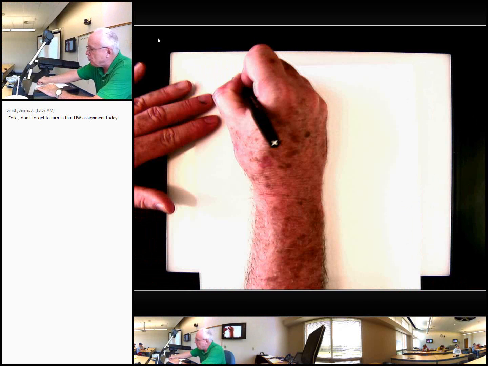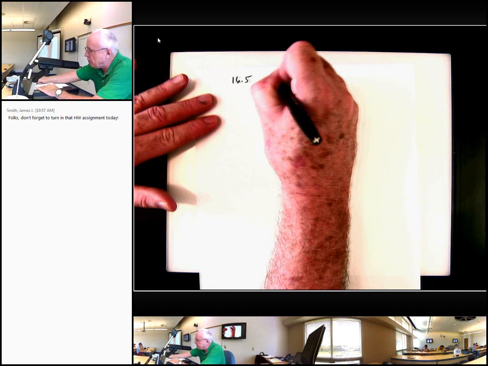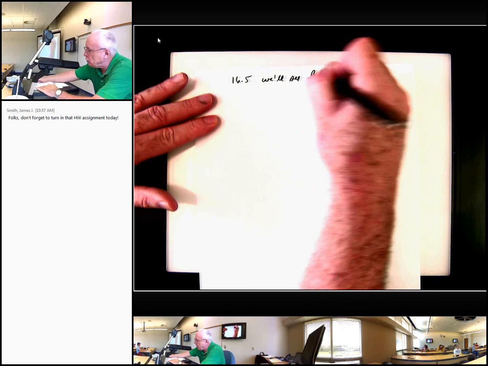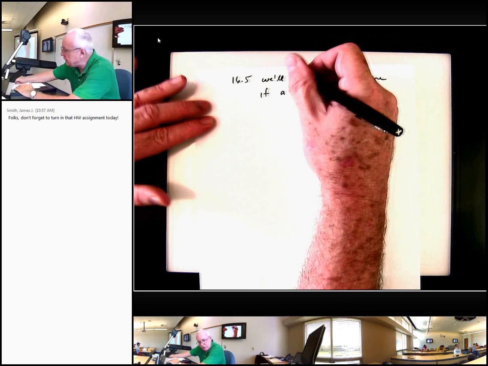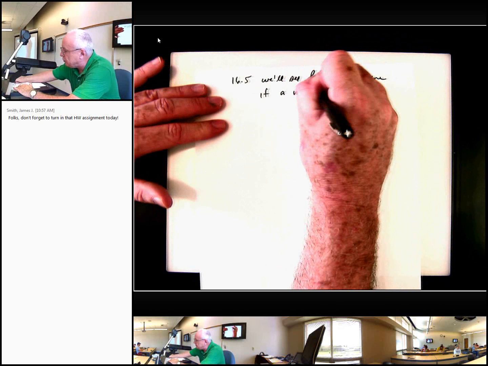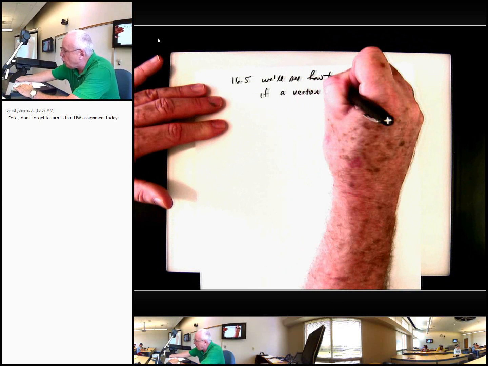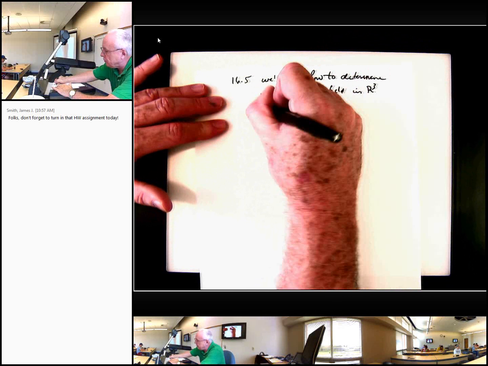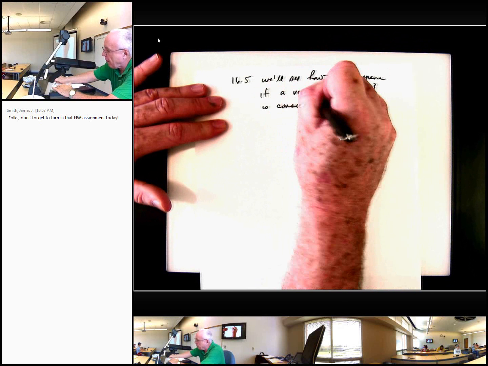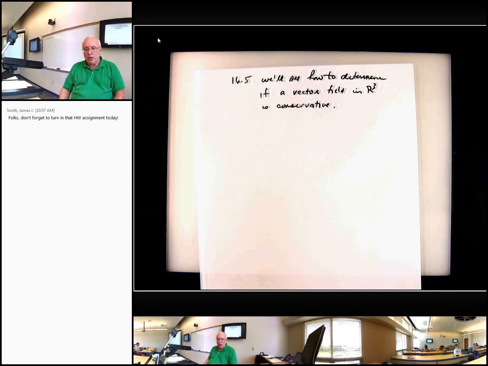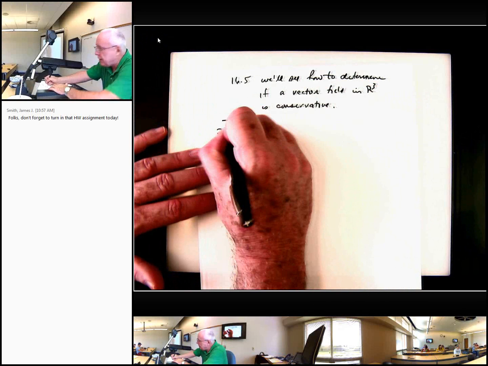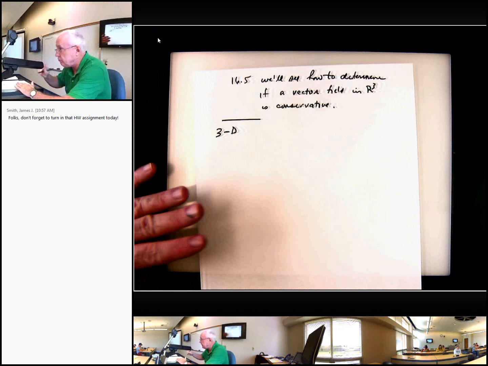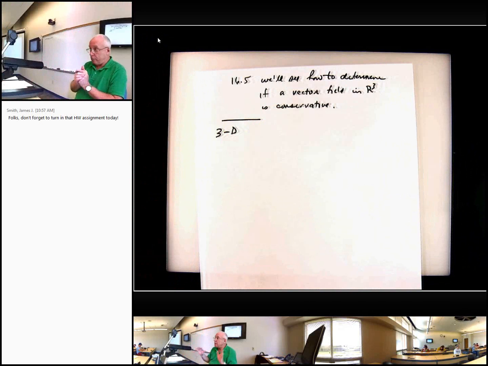In 16.5, if we get to it, we'll see how to determine if a vector field in R3 is conservative. But what I want to do now is, let's say that we have determined that a vector field is conservative in 3D. We don't know how we've done it, but we've determined that.